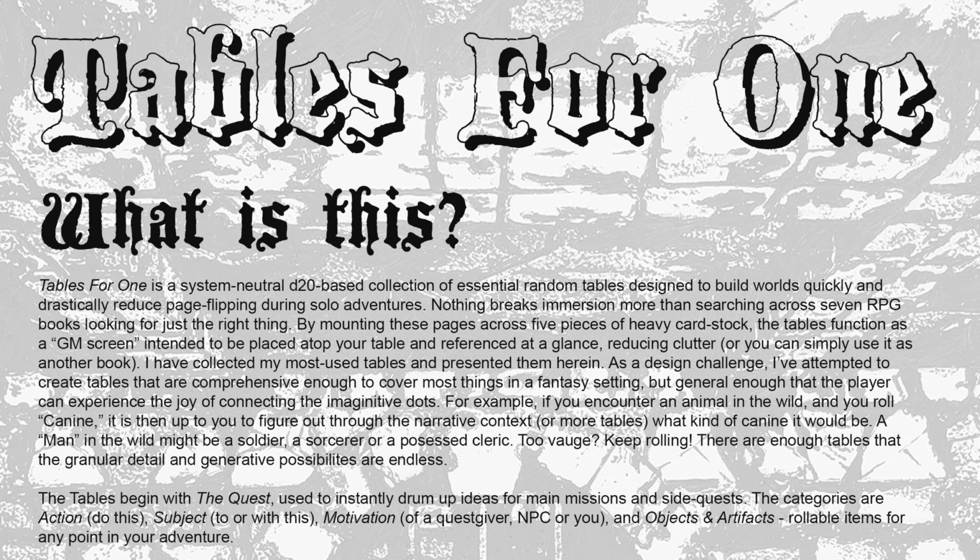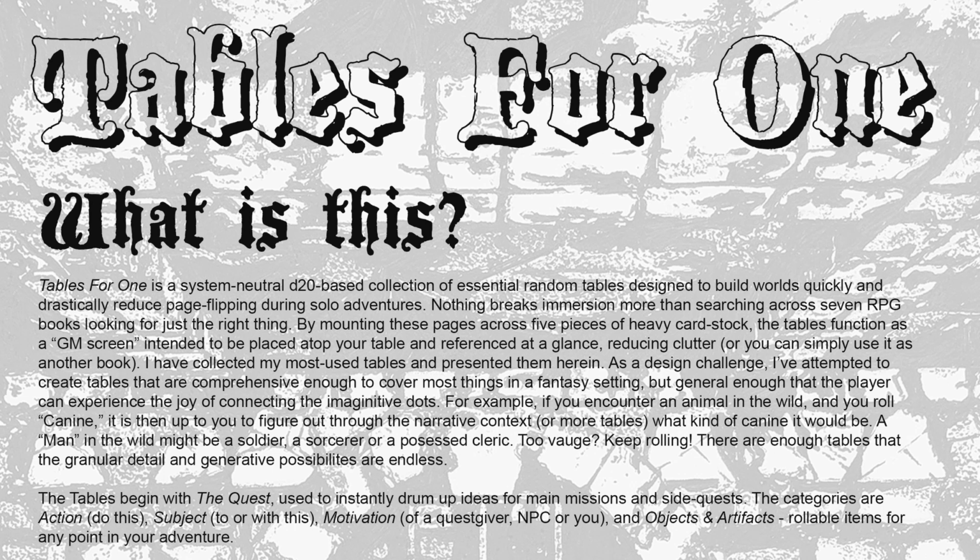Nothing breaks immersion more than searching across 7 RPG books looking for just the right thing. By mounting these pages across 5 pieces of heavy cardstock, the tables function as a GM screen intended to be placed atop your table and referenced at a glance, reducing clutter, or you can simply use it as another book.